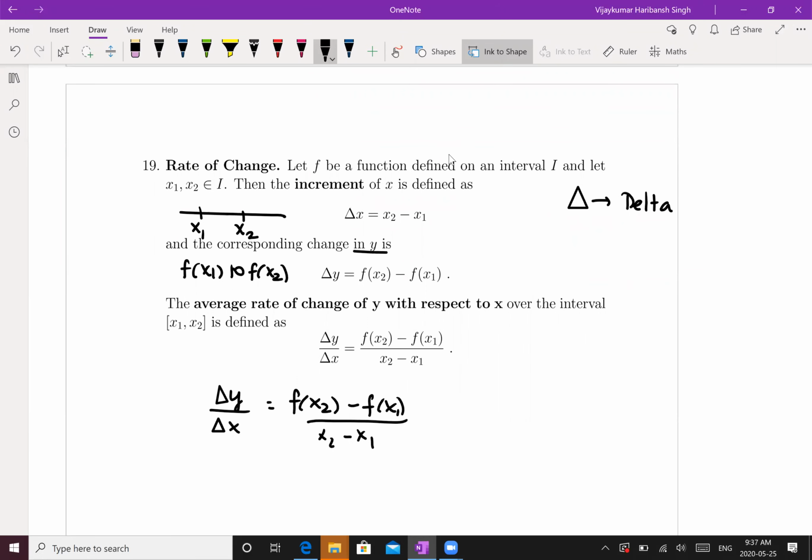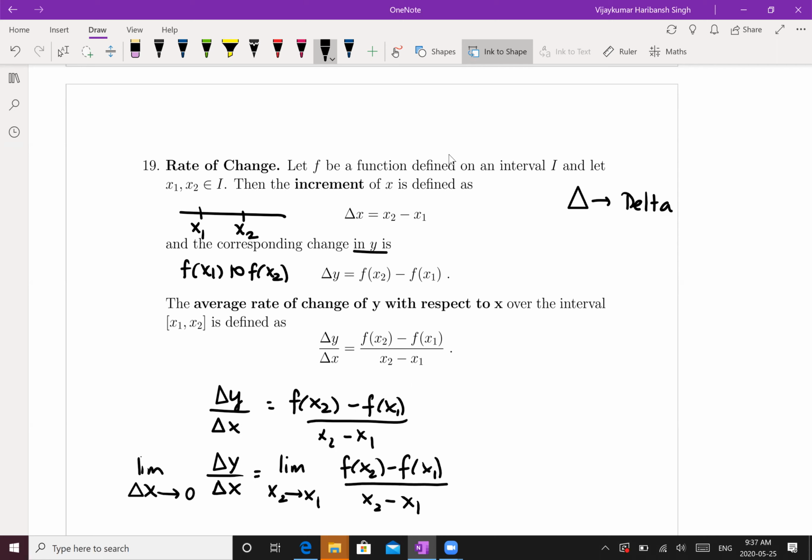If you let the limit as delta x goes to 0 of delta y over delta x, you get the limit as x2 goes to x1 of f of x2 minus f of x1 over x2 minus x1.